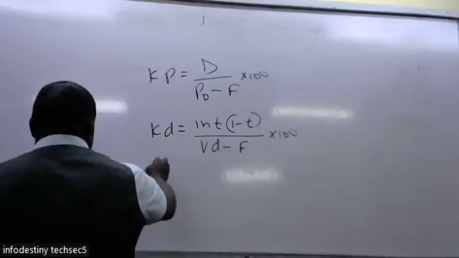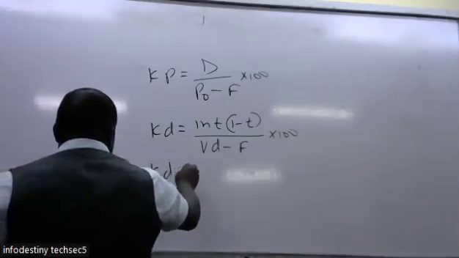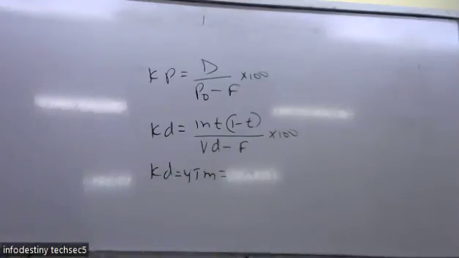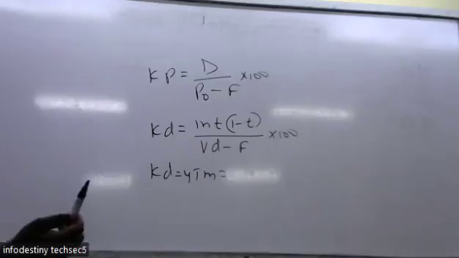So KD will be the same as the yield to maturity.